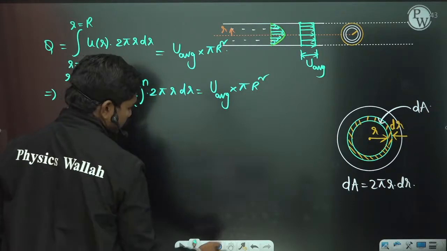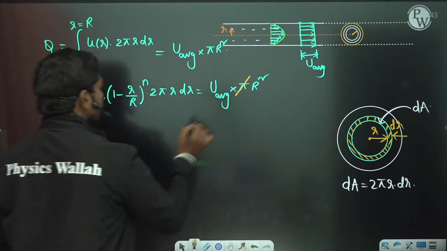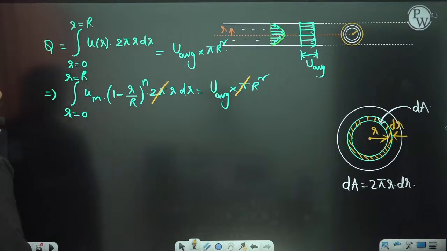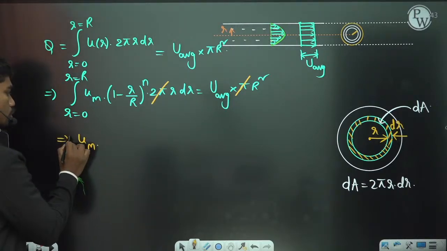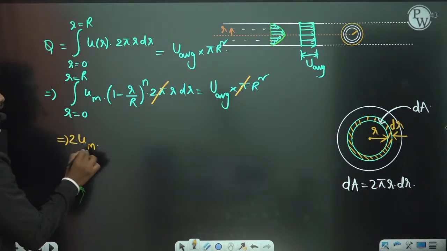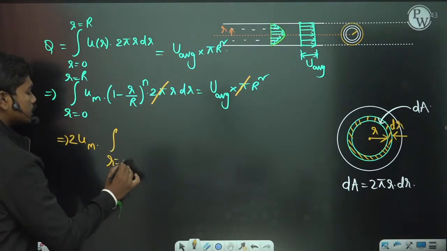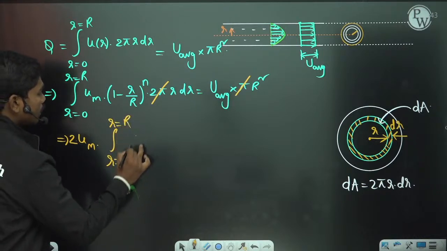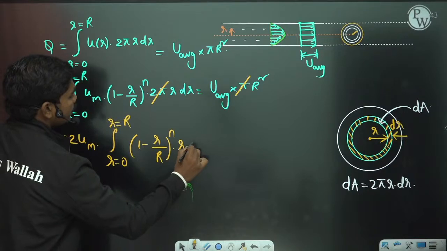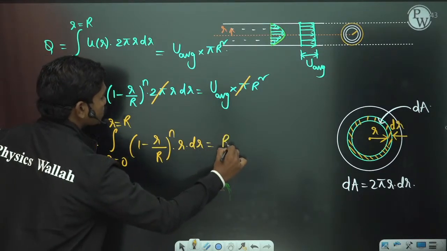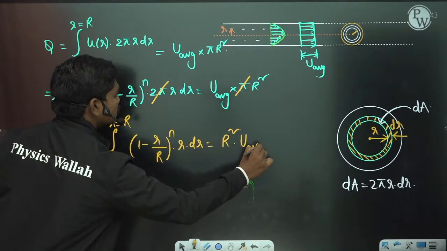Now if you simplify, the pi cancels with pi, and 2 times Um times the integral from r equal to 0 to capital R of (1 minus small r by capital R) to the power n times r dr is equal to R square times u average. This is the equation.